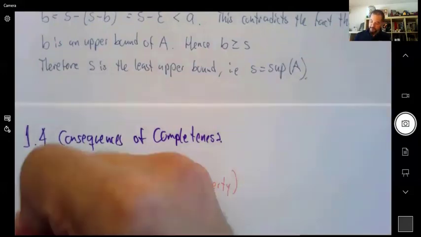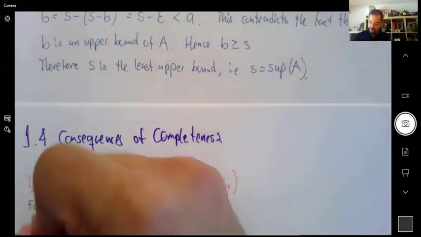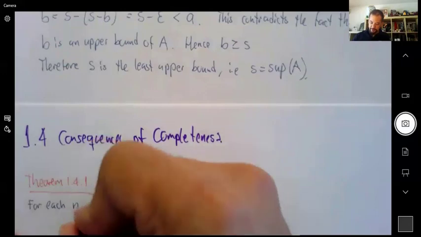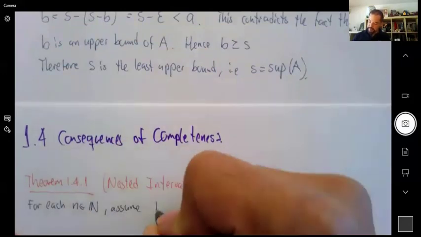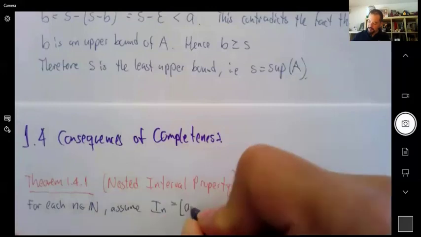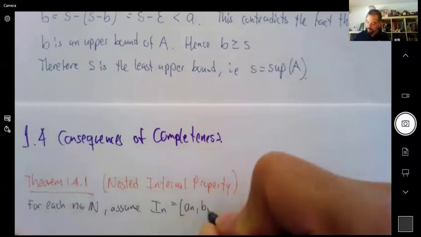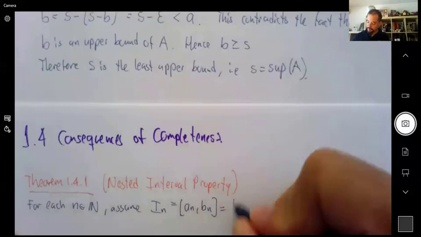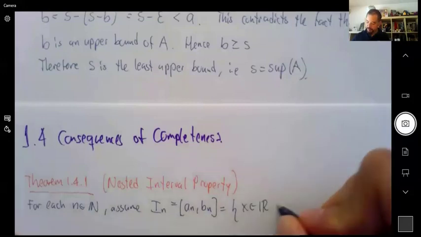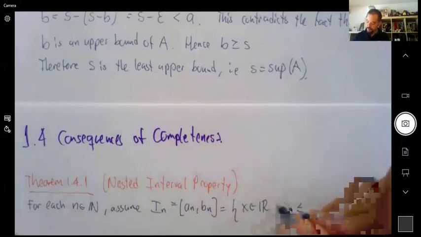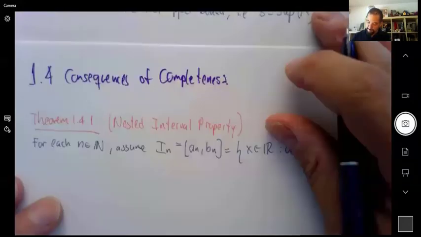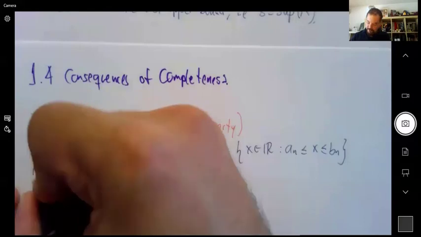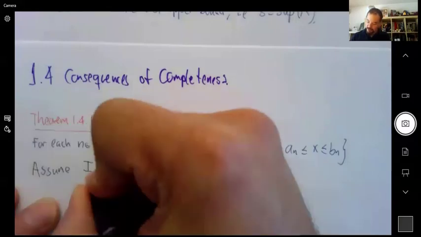for each n, a natural number, assume I sub n is the closed interval a_n, b_n. So remember, these are the real numbers that are between a_n and b_n. Okay? Assume I_n contains I_(n+1).